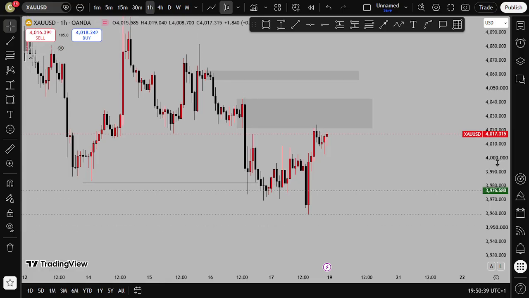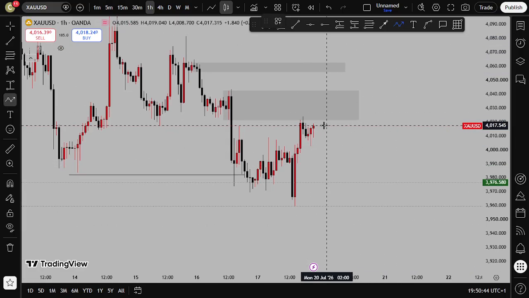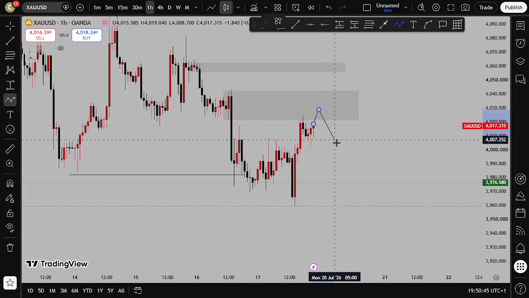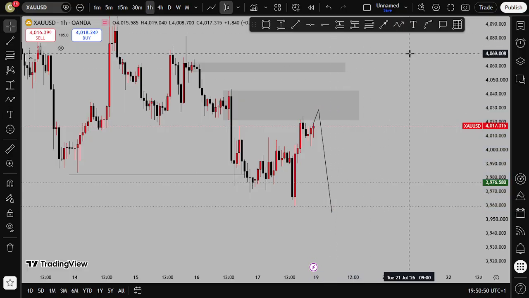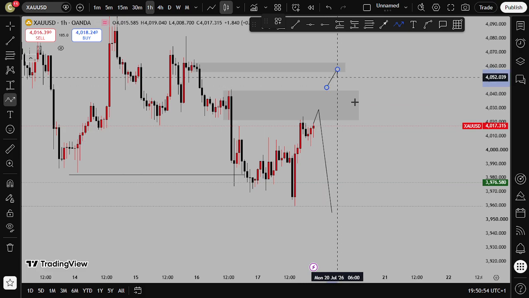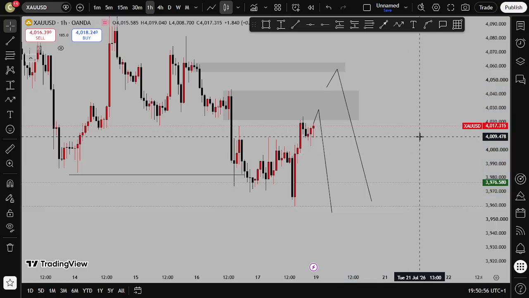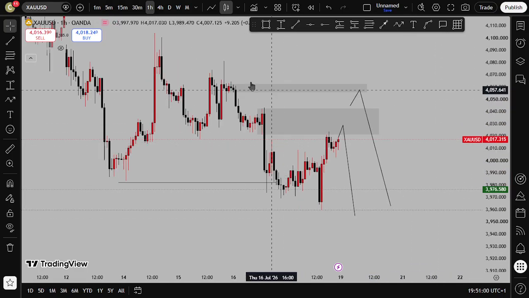So any sort of confirmation from this one, a sell might likely be possible. So that's on XAUSD.